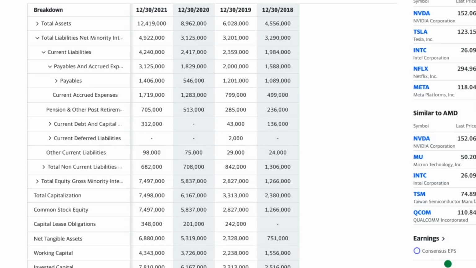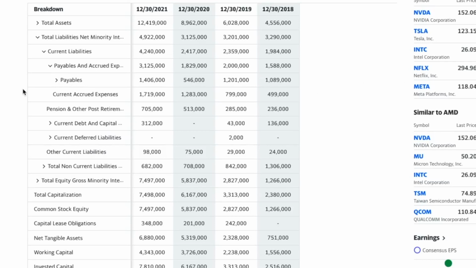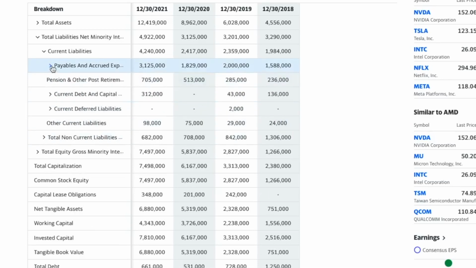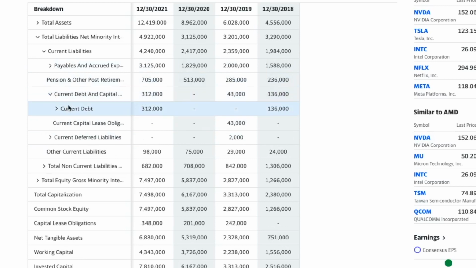This is also an amount the company has not paid, and it's another type of liability. Second on the list is pension and other post-retirement benefits, and the company has to pay around $705 million.